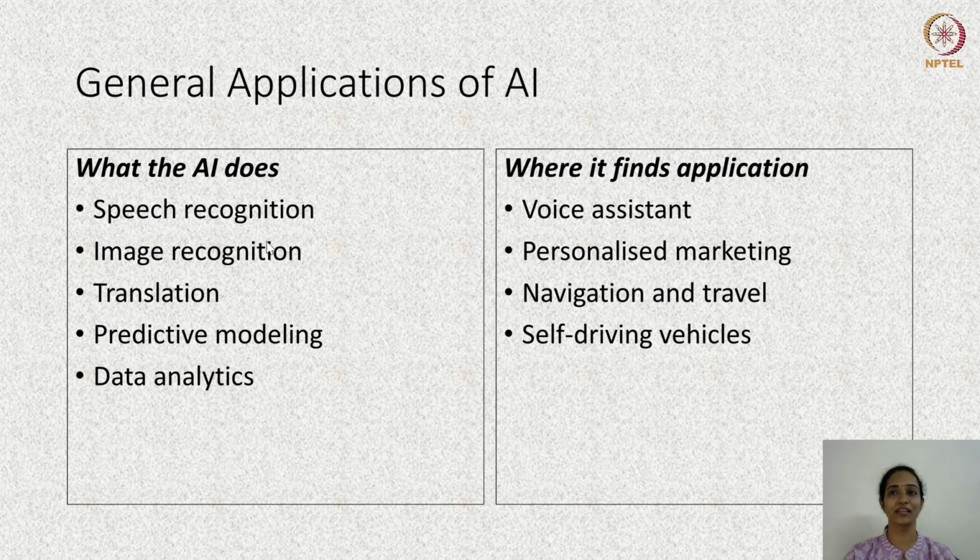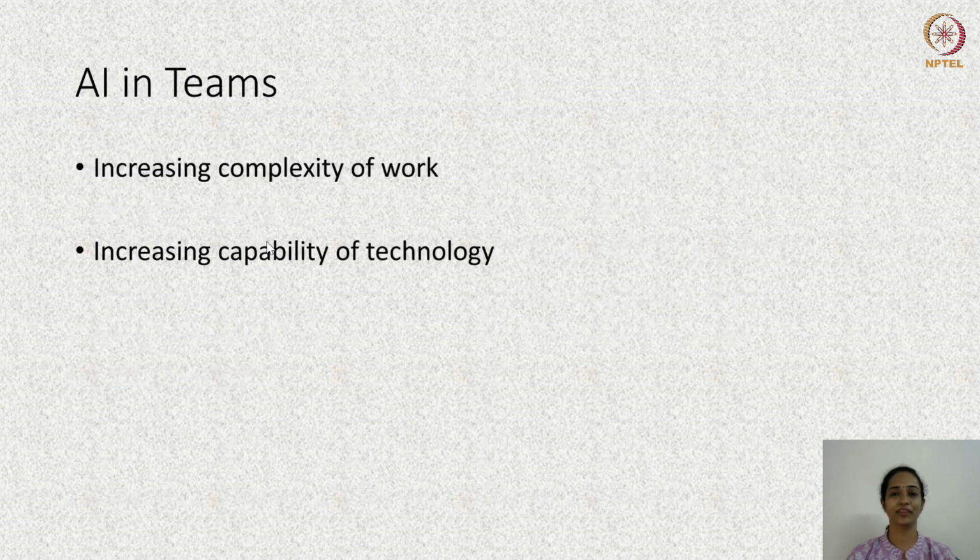So now that we have seen some applications of AI in general, let us see what it has to do with teams. In the first lecture, I talked about teams and the growing application of teams in business. Considering the scale and the complexity of the activities which have to be carried out in organizations, many organizations have started adopting teams.